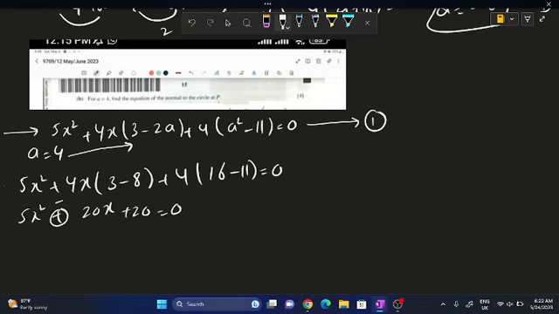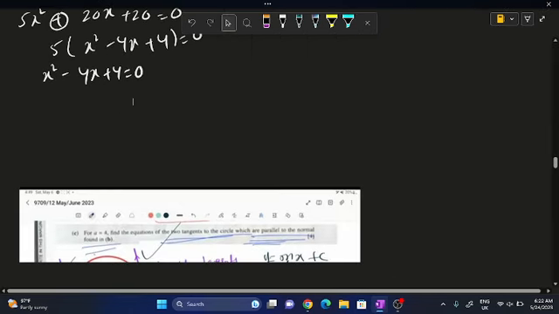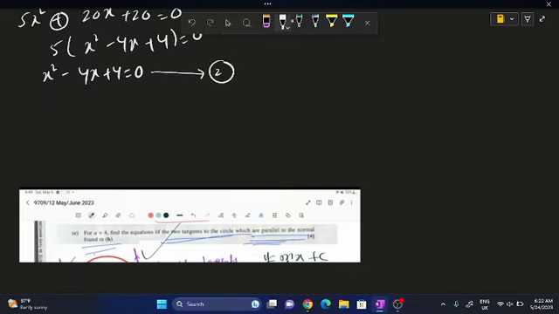Now again, this is a quadratic equation. You can solve by making factors, or it will be better to take 5 common first. If you take 5 common, that gives you x square minus 4x plus 4, which is equal to 0. Making factors for this equation, for example equation number 2, gives you x square minus 2x minus 2x plus 4, which is equal to 0.